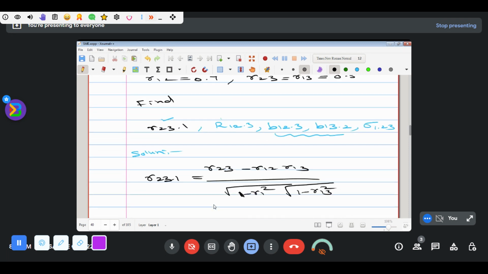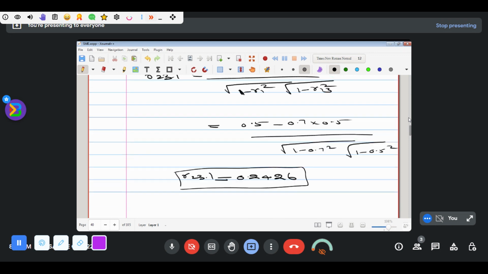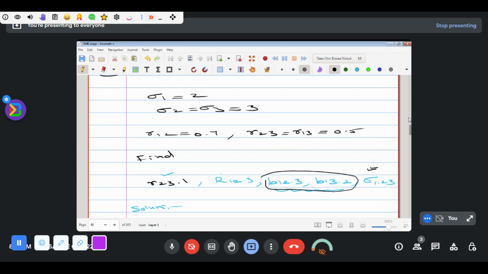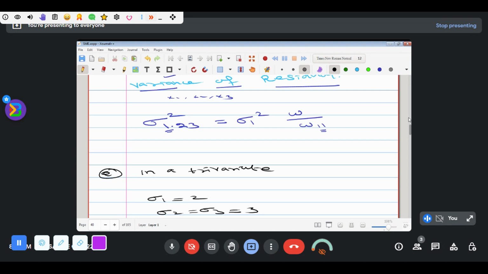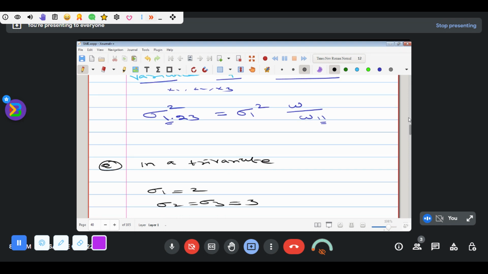In the next question, you know that these two calculations were already done in the previous problem concept. The same idea is used here also. So I have completed this work, sigma 1.23. But you know the formula: the variance of the residual is also a square only. Just apply this square formula. After that, for the end result, we take the square root.